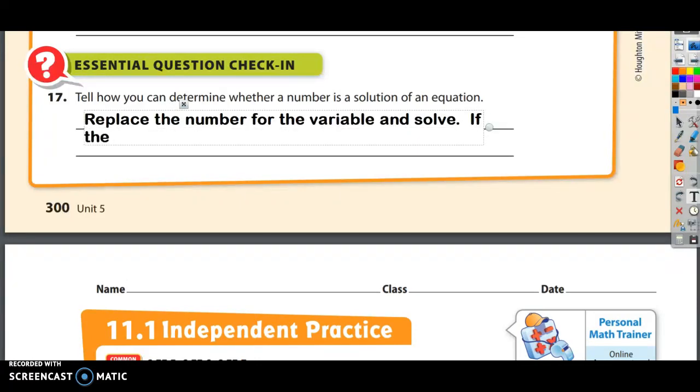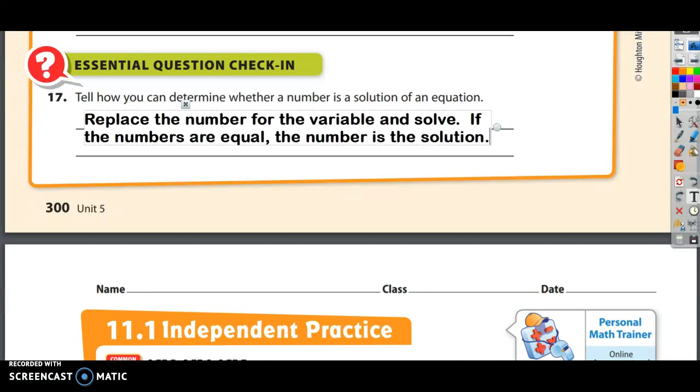If the solution is equal, or if the numbers are equal, the number is a solution.